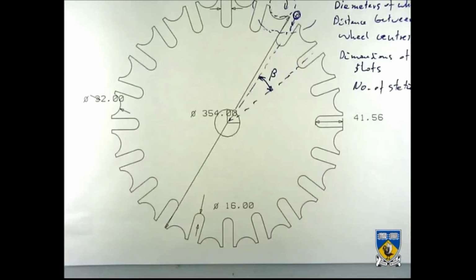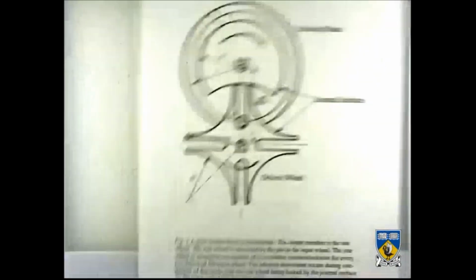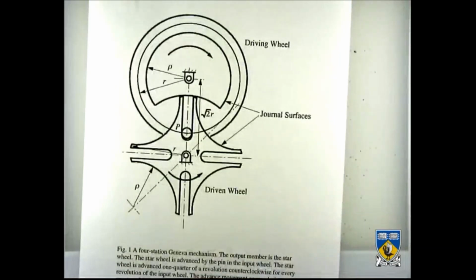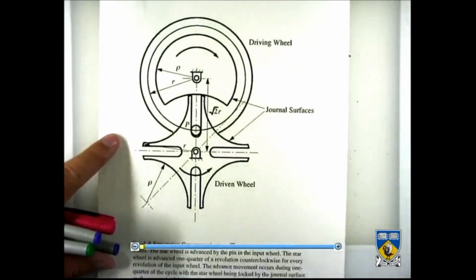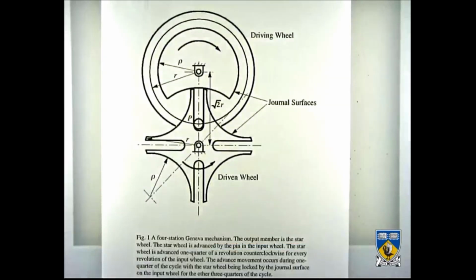Okay, so let us look at this picture. This is the nomenclature for the simple one, 4 stations, right?